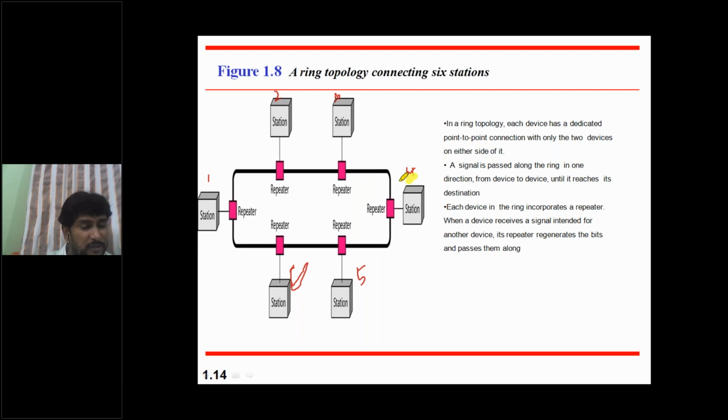But if the communication has to happen from 1 to 6, since it is unidirectional, the data has to be transmitted from 1 to 2, 2 to 3, 3 to 4, 4 to 5, and finally 5 to 6. So the amount of delay will definitely be high. One more thing: if the link between 1 and 2 gets disrupted, can we have communication from 1 to any other device in the network?